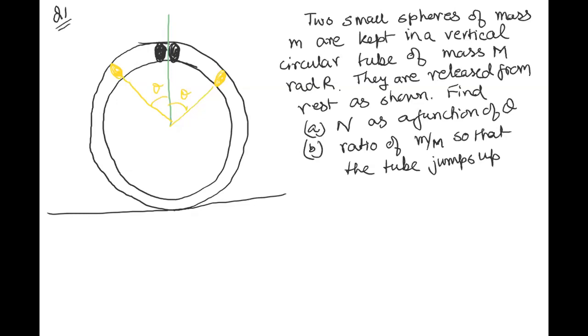So I'll give you a hint. We did a question in the last class where we got an answer cosine inverse 2 by 3. What happens at cosine inverse 2 by 3?